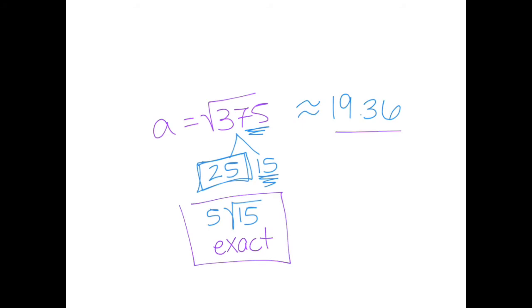This 19.36 is approximate because it is a rounded decimal. Even the square root of 375 is more exact than this decimal. It just is not simplified. So those are just some things to consider whenever you are asked to find an exact and approximate answer.